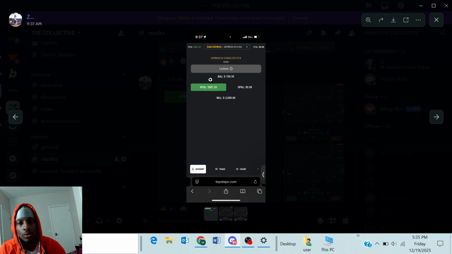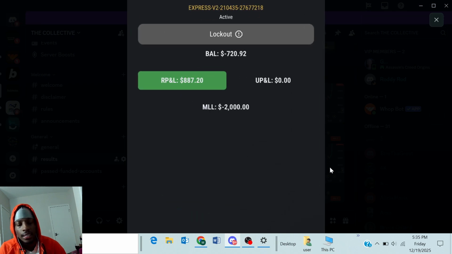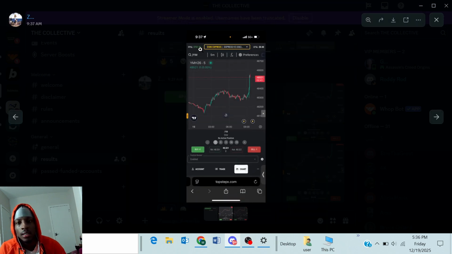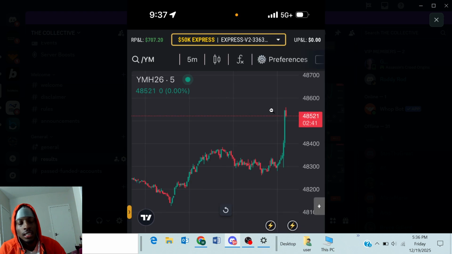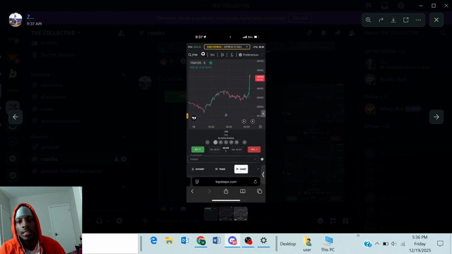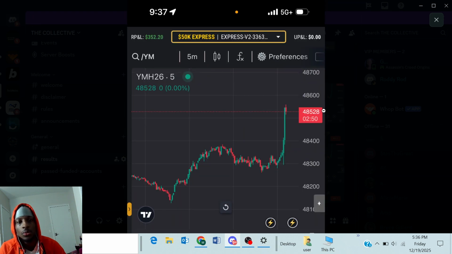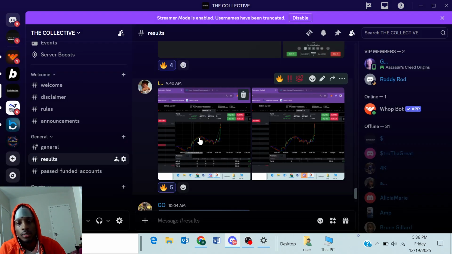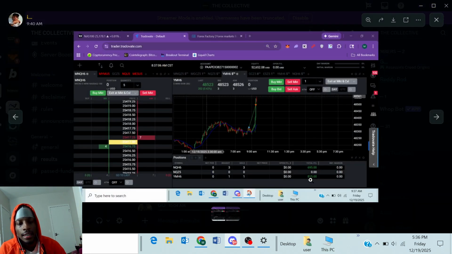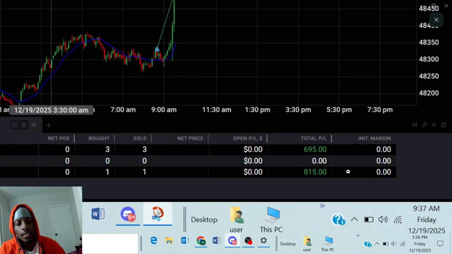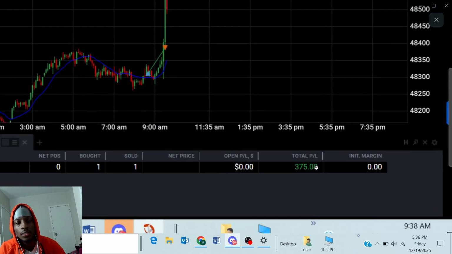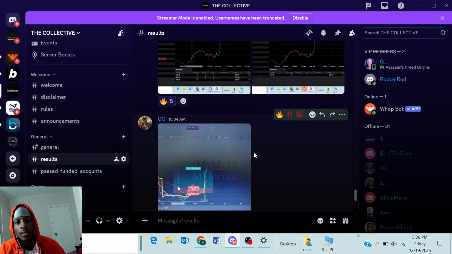Another individual who made $887, another $707 on another account, and then another $352 on another account. Another person, myself, I added another $815 on an account, as well as another $375 on a different account. And as you can see, we all made some decent profits.